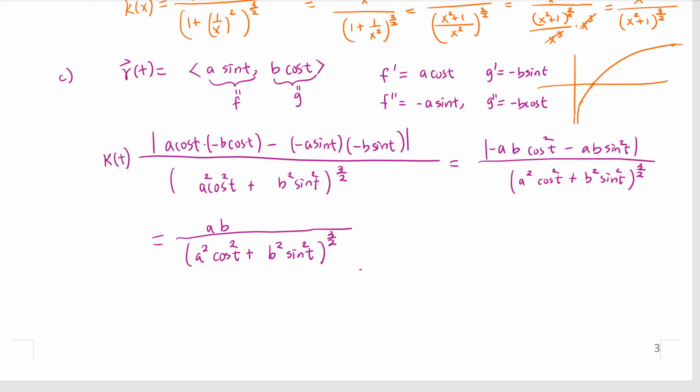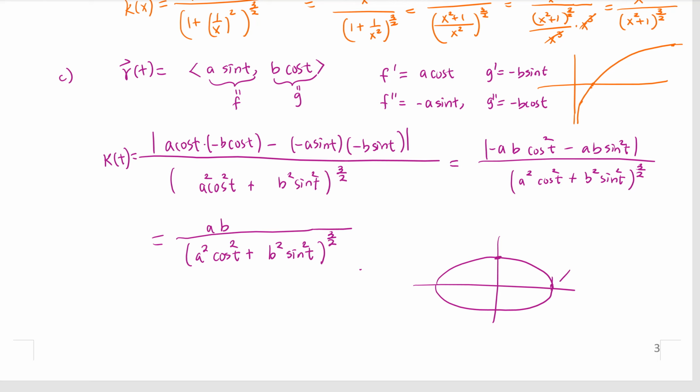So in this problem, we have an ellipse. Let me draw a better one. Okay, so we have the ellipse. Now you can see at each point, at this point I would say it turns more quickly than at this point.